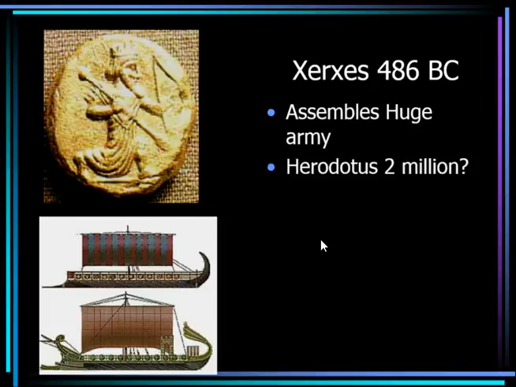According to our good buddy Herodotus, and this number, I don't know anybody who fully accepts this number, 2 million. He says 2 million. Well, perhaps a little hyperbole. It's kind of like I hear sometimes around campus, I won't name any names, but some people say, I got 1 million things to do.